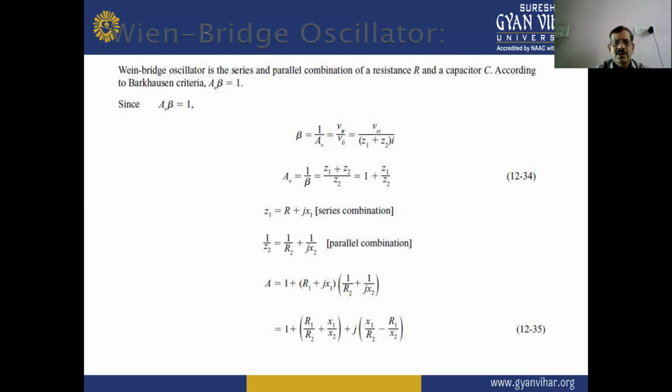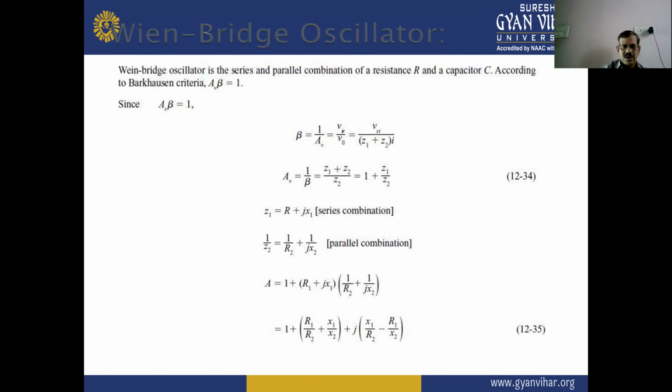Also, 1 upon beta equals Z1 plus Z2 upon Z3, and also 1 plus Z1 upon Z2, where Z1 is the R plus jX1 series combination, and 1 upon Z2 is the 1 upon R2 plus 1 upon jX2 parallel combination. So A is 1 plus R1 upon R2 plus X1 upon X2 plus j(X1 upon R2 minus R1 upon X2).